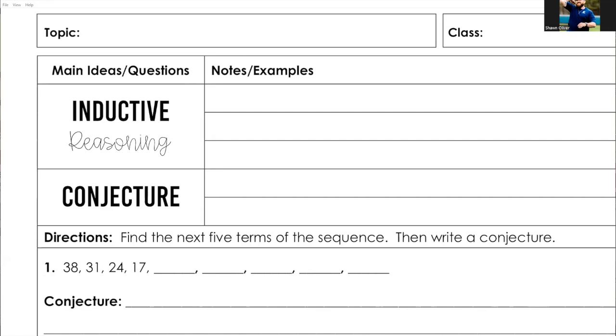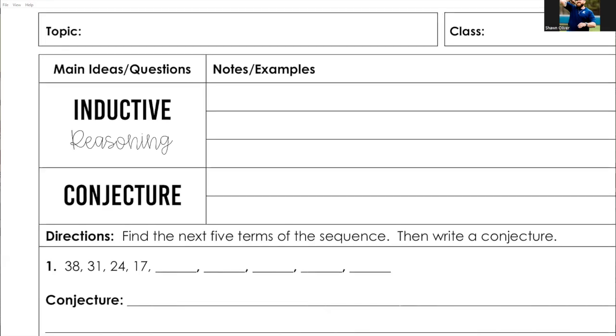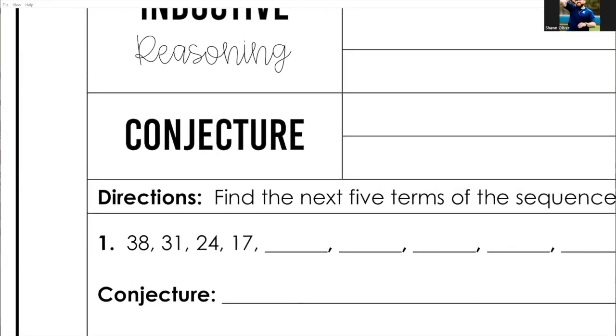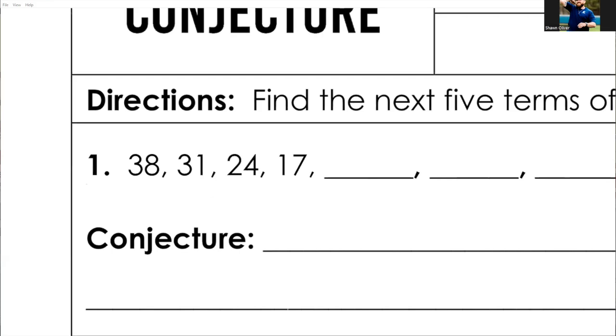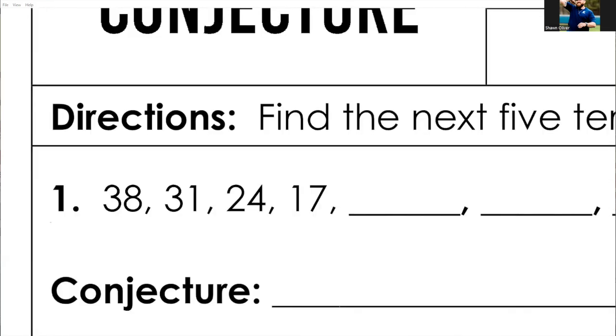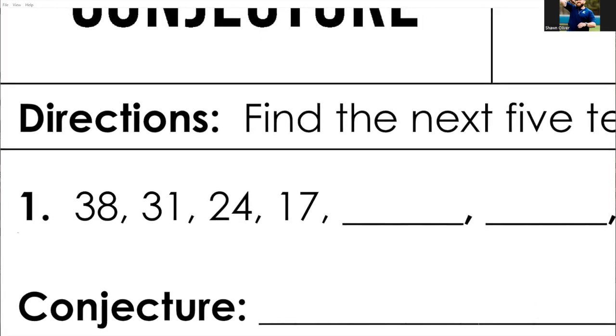So we look at this, we have 38, 31, 24, 17. We look at the first 2 numbers. We're trying to find a pattern. What do you think? Decreasing by 7. Minus 7. Minus 7.